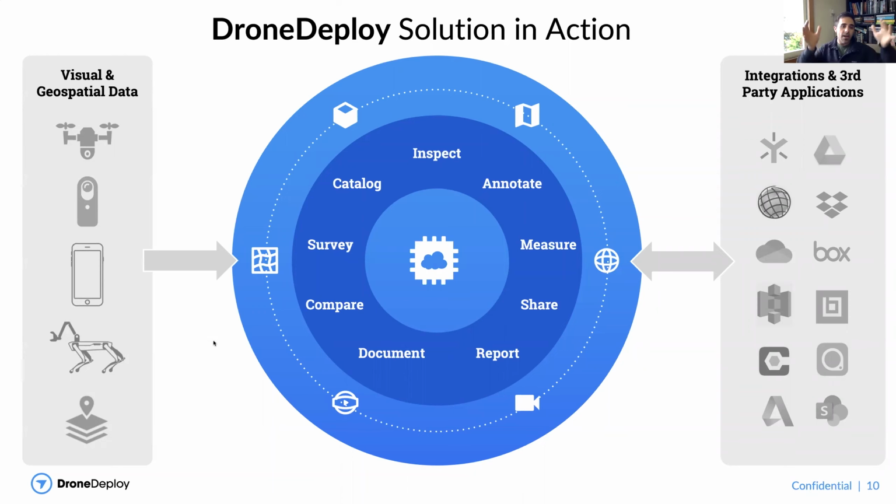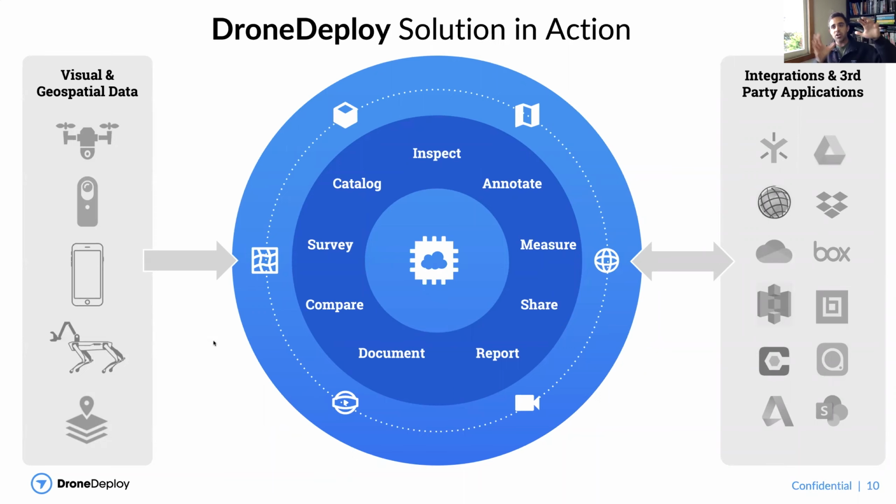On the left, you can see a bunch of different types of technology that are good for collecting image data. You have drones on the top, 3D cameras, phones. We're integrating with the Boston Dynamics Spot robot dogs, and satellite imagery as well.